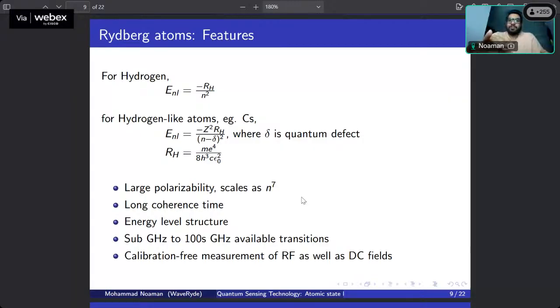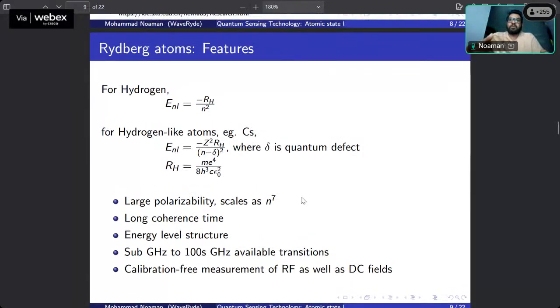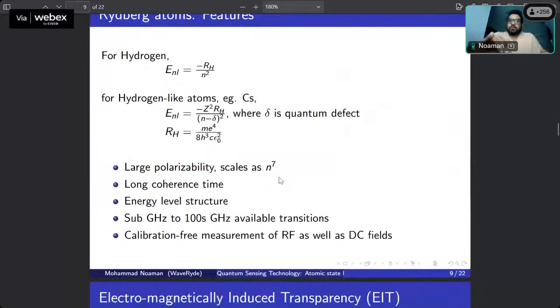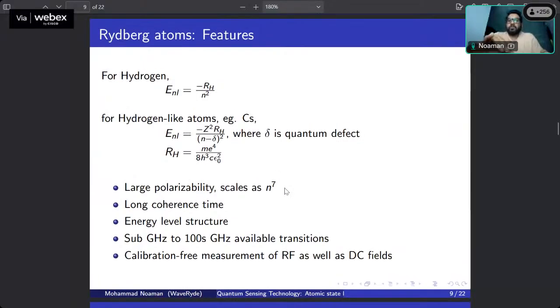Again, it's a very short time, but it's orders of magnitude larger than these, and that's what matters. That's very useful for sensitivity in certain experiments, as the sensitivity goes as 1 over root t. We'll see in the next slides.